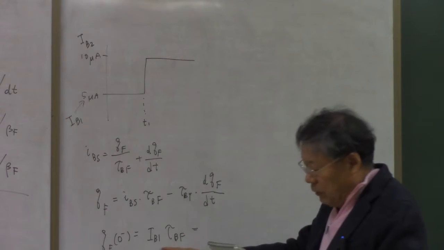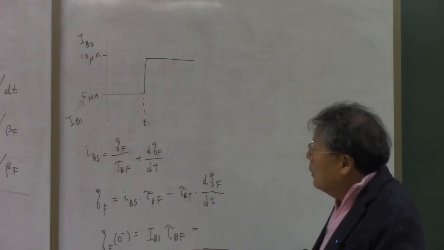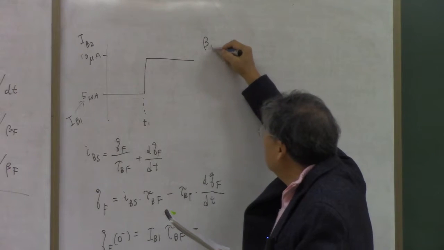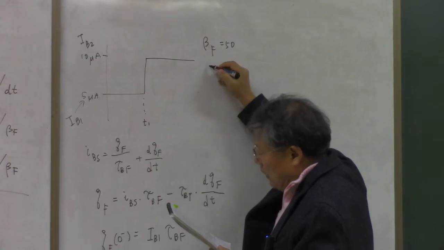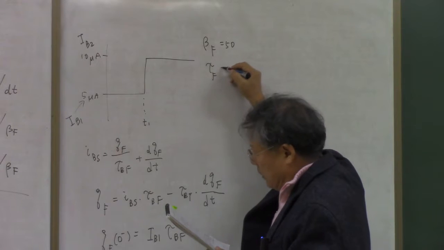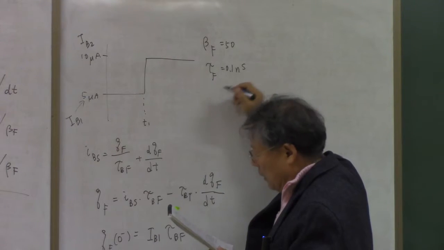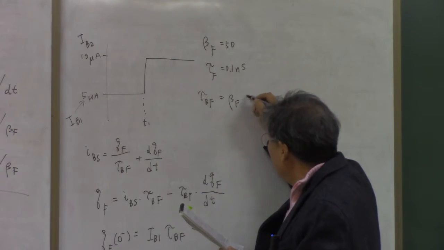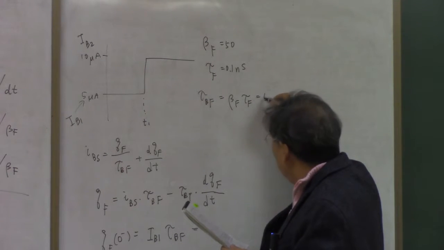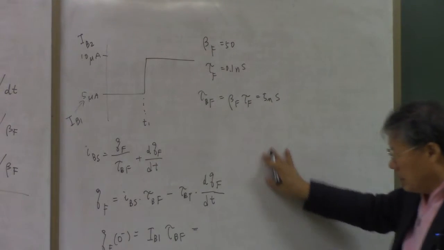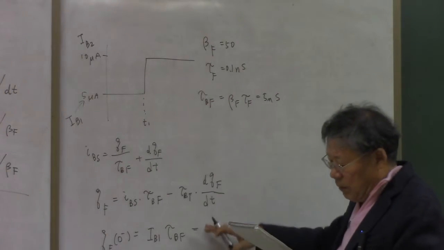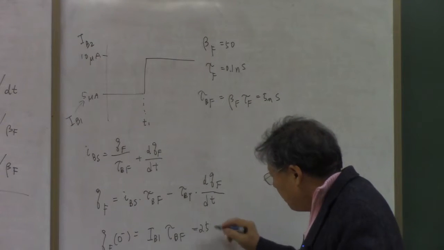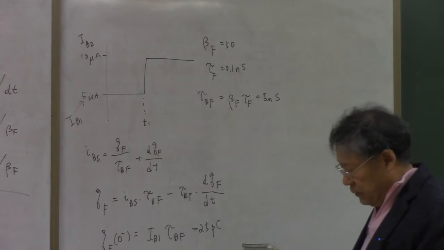And then we have a system like beta F is 50 and tau F is 0.1 nanosecond, and tau BF is equal to beta F tau F, which is 5 nanoseconds, something like this, okay? Then you just plug these numbers into this equation, you end up with 25 picocoulombs.